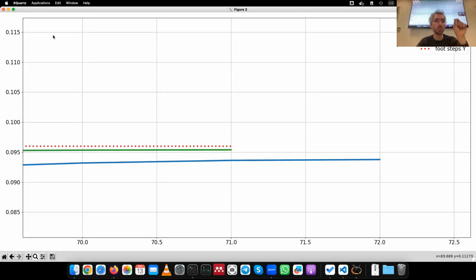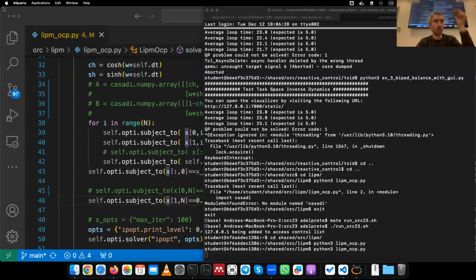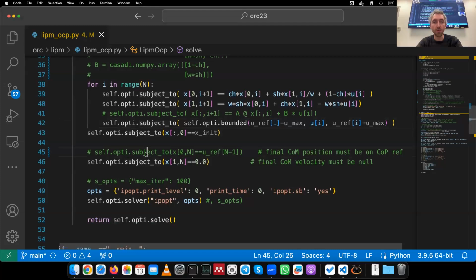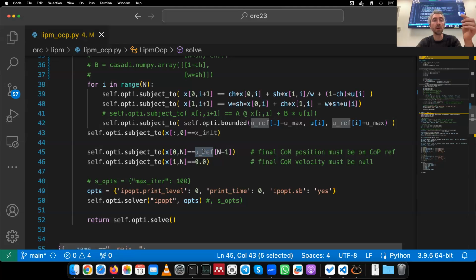So if we wanted to be exactly on top of the middle of the footstep at the end, which would be good for making sure we are in a stable configuration, we could add also this terminal constraint here, which says that the center of mass position at time step n, so the last one, is equal to the reference COP position for time step n minus 1.